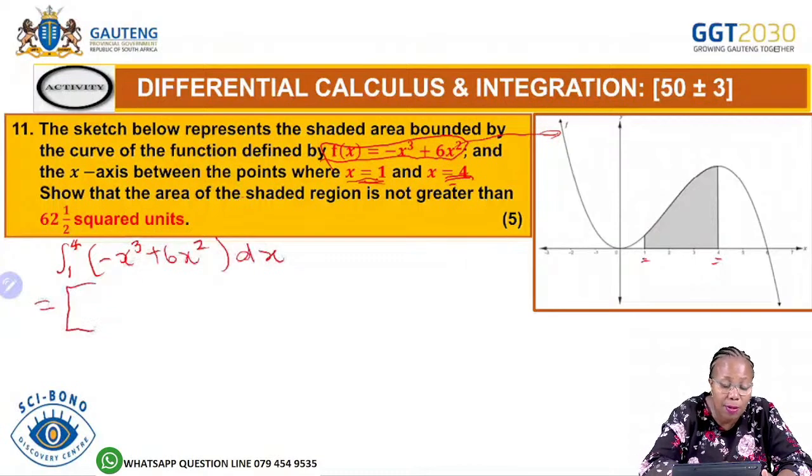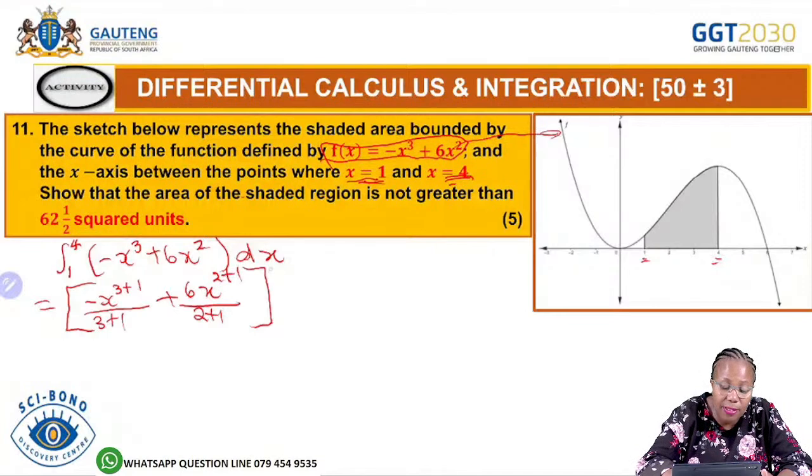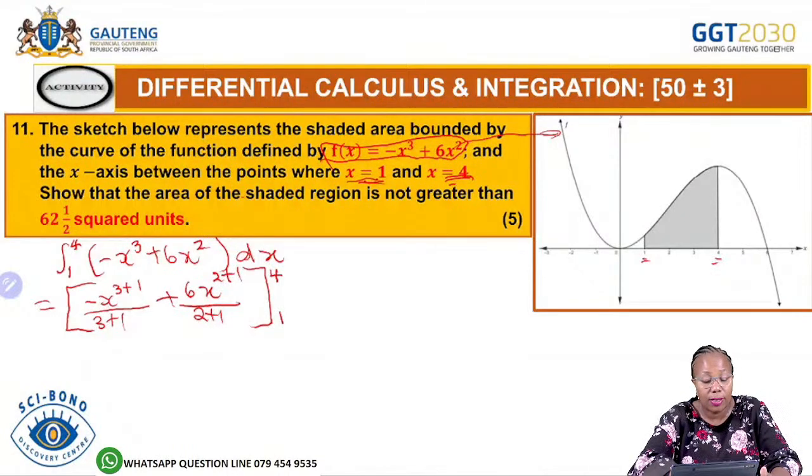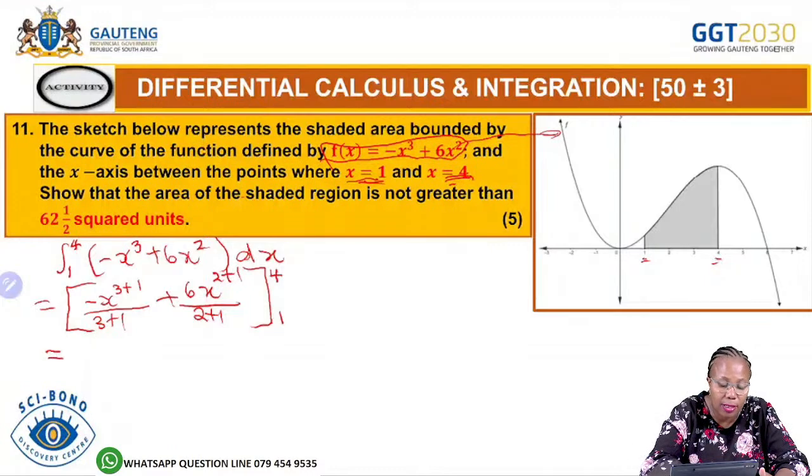We change the bracket to square bracket now. Then when you integrate, remember it will be minus x to the power 3 plus 1, and then 3 plus 1 on the denominator, plus 6x squared, 2 plus 1, and then 2 plus 1 on the denominator, square bracket. And then we are integrating within the interval, upper limit 4, the lower one is 1. The notations are very important, grade 12. You cannot write as you like here, okay?